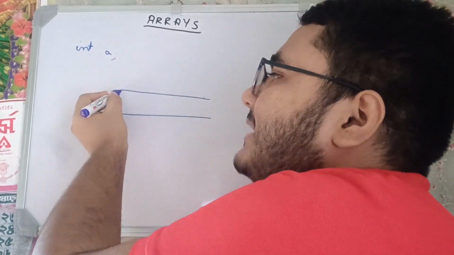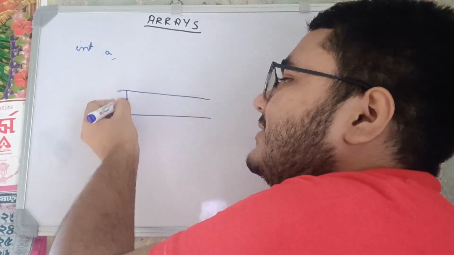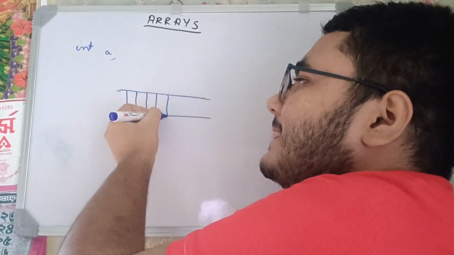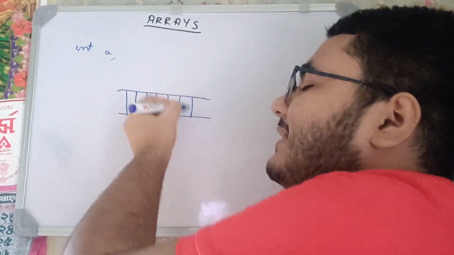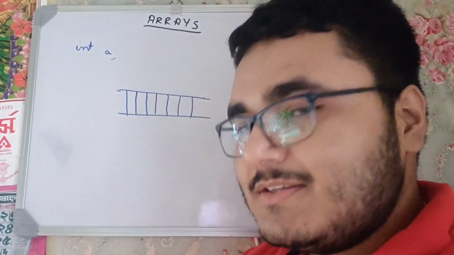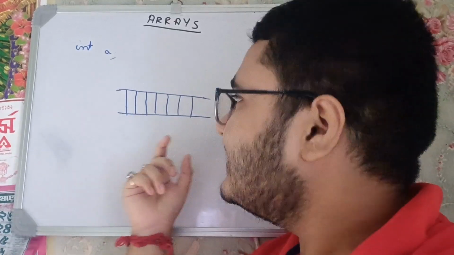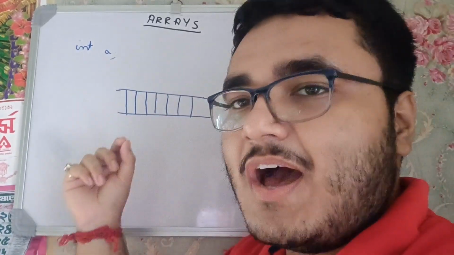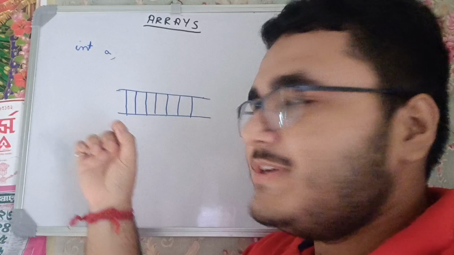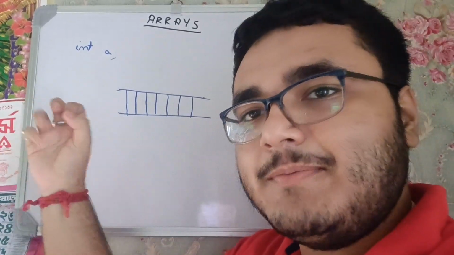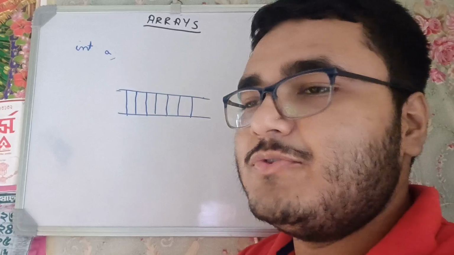In the memory there may be something called bytes, and among these bytes somewhere a may take 4 bytes, right? In Java the size of data types is always the same everywhere, because it is architecture neutral.